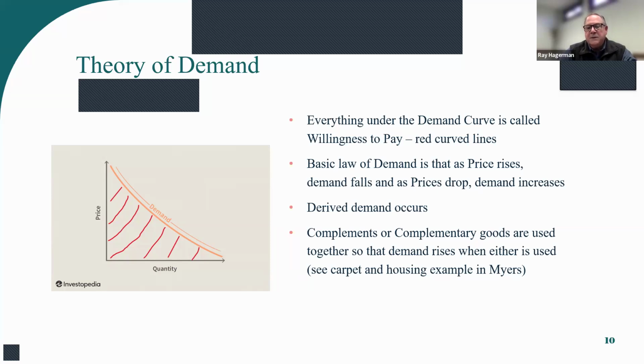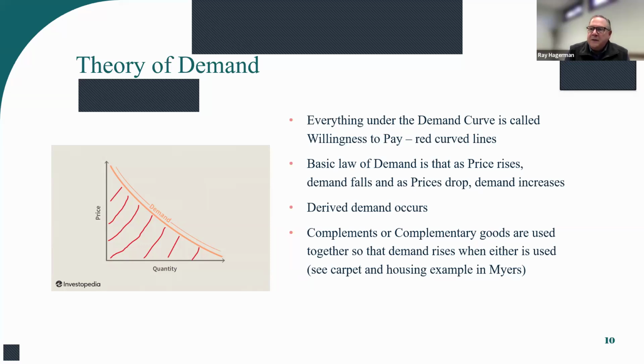The other thing you sometimes need to pay attention to when it comes to where demand and supply intersect is that sometimes there are complementary goods, or what we just call complements, where the goods are used together so that when demand of one rises, demand of the other rises as well.